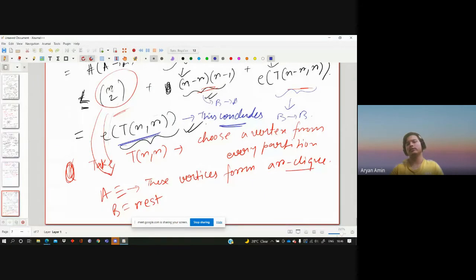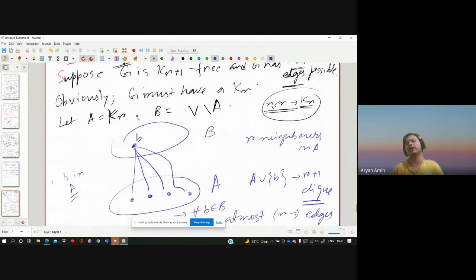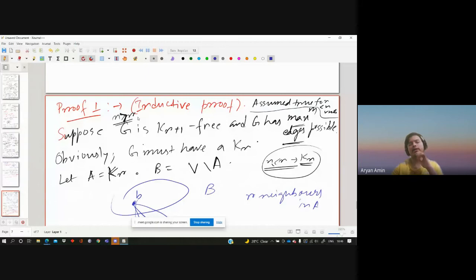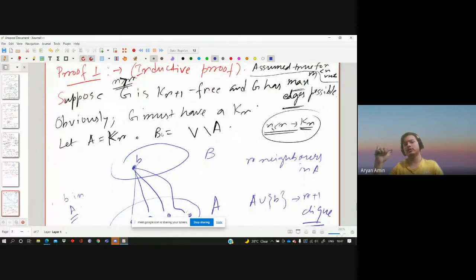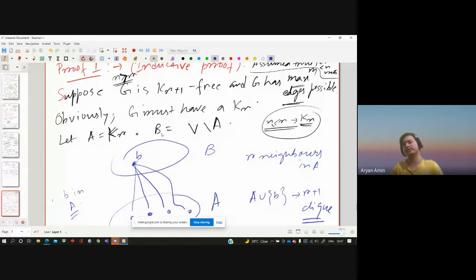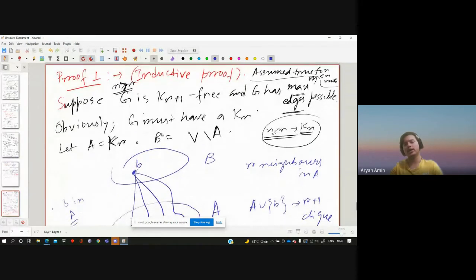Okay, so for this proof, we adopted an inductive approach. We saw that the case n at most r was trivial; a K_n would be the construction. We assumed that the theorem was true for all graphs on less than n vertices, and then we proved it for n. We considered a graph which was K_{r+1}-free and had the maximum number of edges possible, which means that if you add any one edge, it will result in a K_{r+1}.